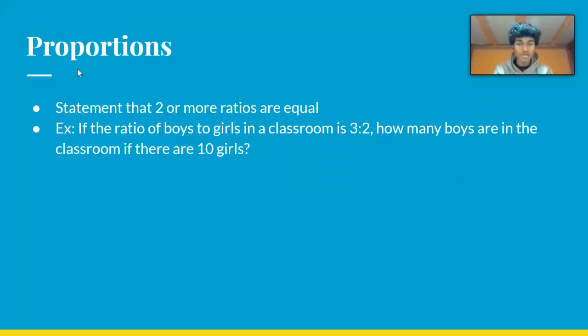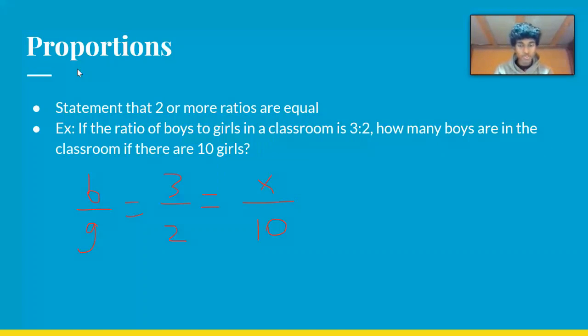The two quantities that we are comparing are number of boys to number of girls, so B to G, and we are given that this ratio is 3:2. And we want to know if there are 10 girls in the classroom, how many boys will there be?